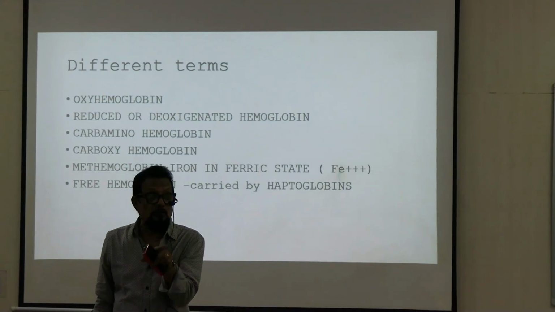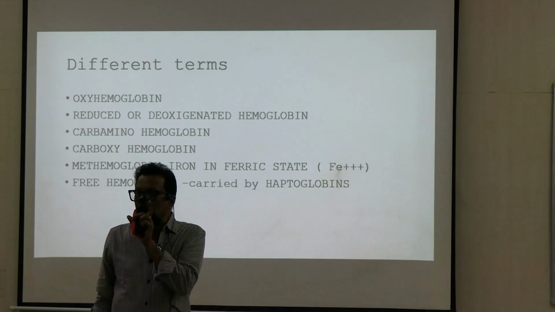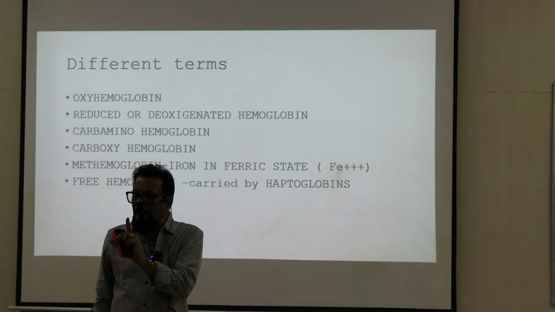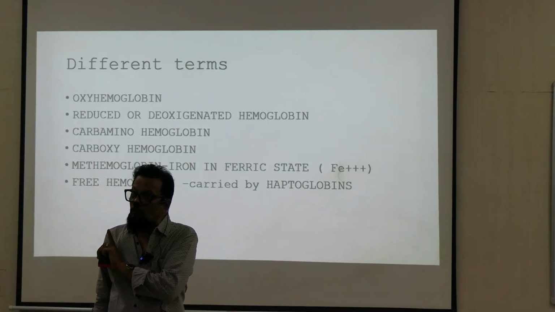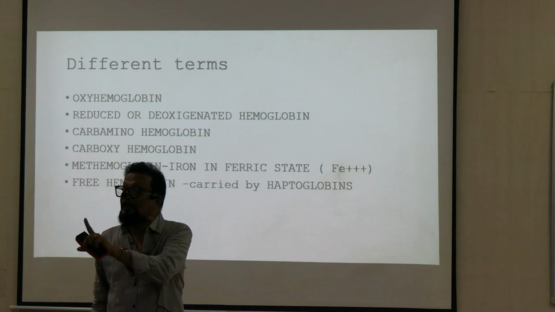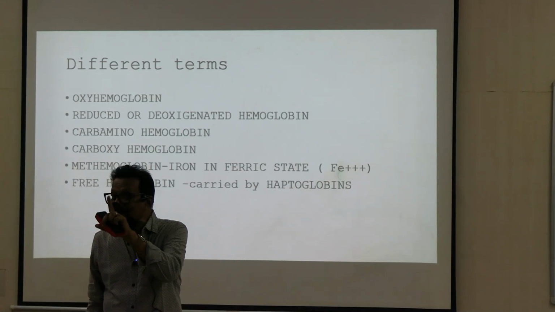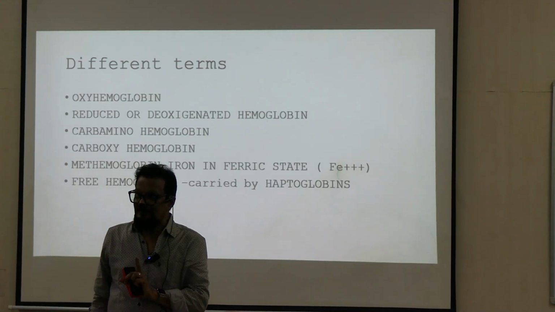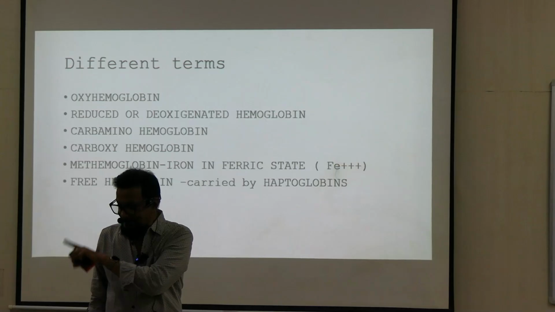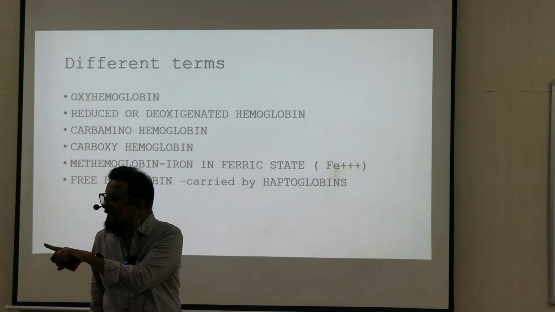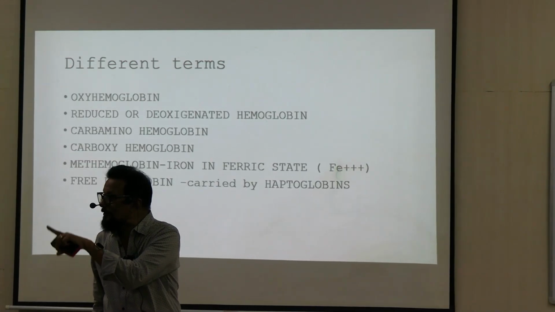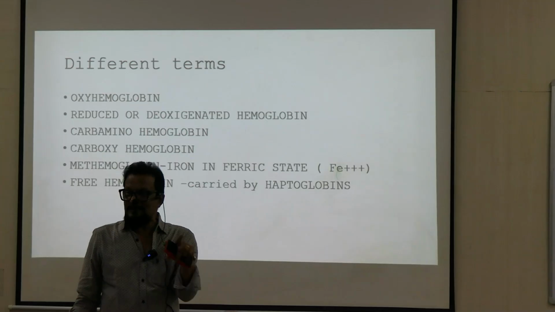That is when hemoglobin has much more affinity for carbon monoxide than oxygen. So whenever carbon monoxide is present, who will bind, oxygen or carbon monoxide? Carbon monoxide will bind.